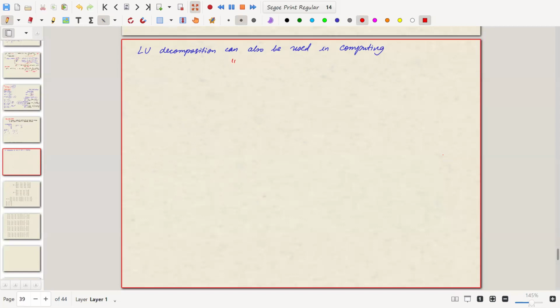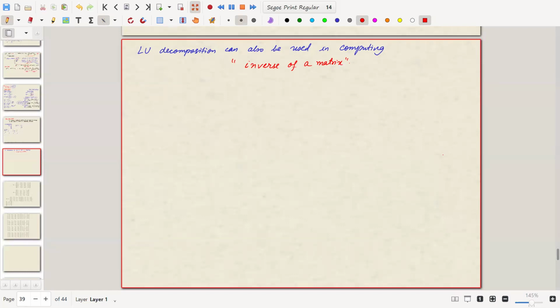Yes, the LU decomposition method can help you in computing the inverse of a matrix, of course a square matrix. How? Here we will break down the problem into very tiny pieces. That's what a computer program does.